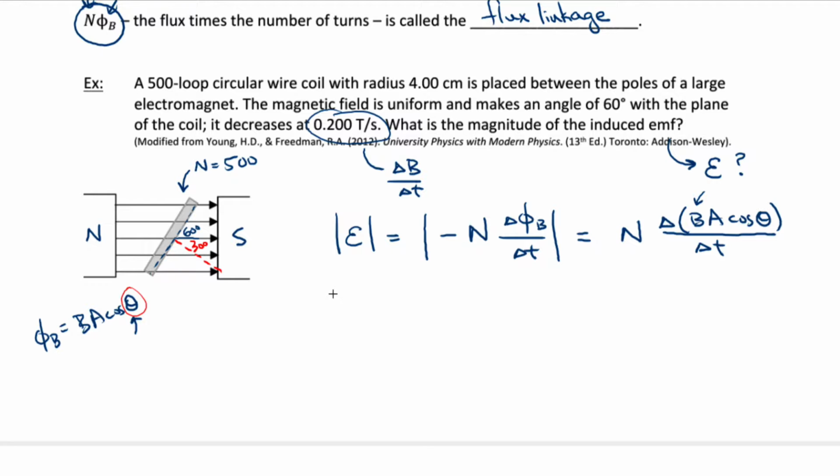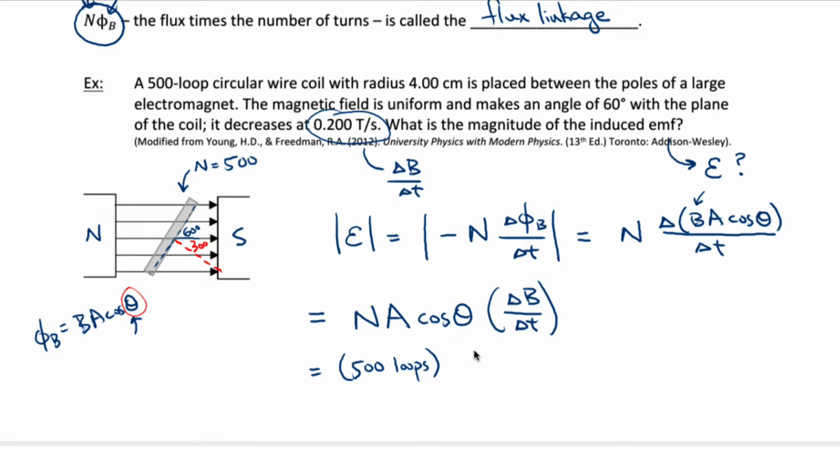But if we carry on with this problem, I'm going to collect everything that's not changing off to the left. So N is not changing, A is not changing, and cos theta is not changing, but it's B that's changing. So N A cos theta delta B over delta t. But we have this in the problem. It's given to us as 0.2 teslas per second. So now we just plug in. N is 500 loops. We need to calculate our area. We're given the radius.